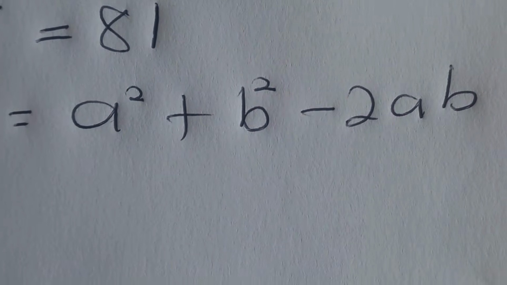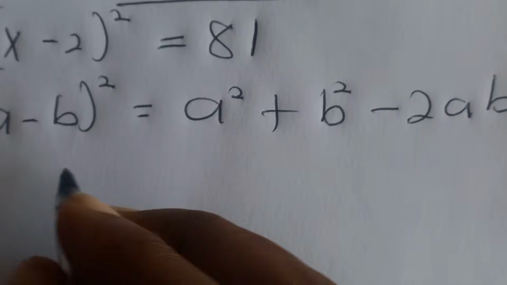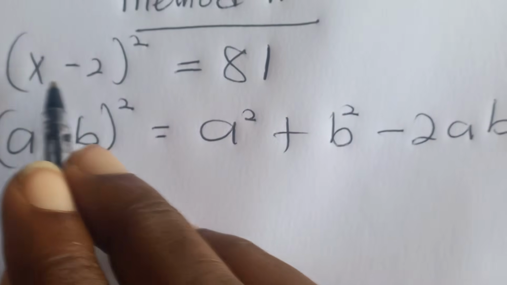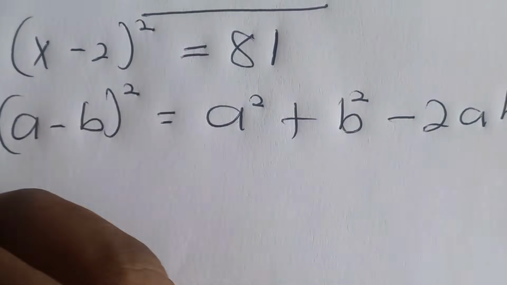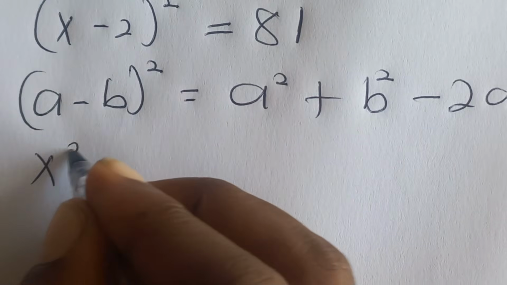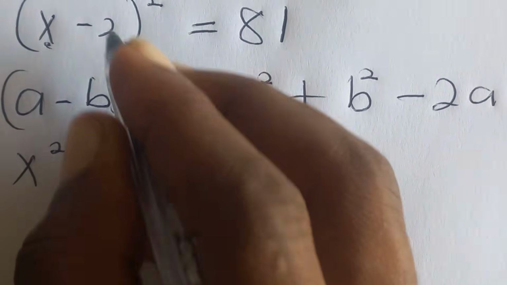Now with this, let's express our left hand side to look like this. So our expression on the left hand side is going to be x squared. So our x is our a and the b is our 2.